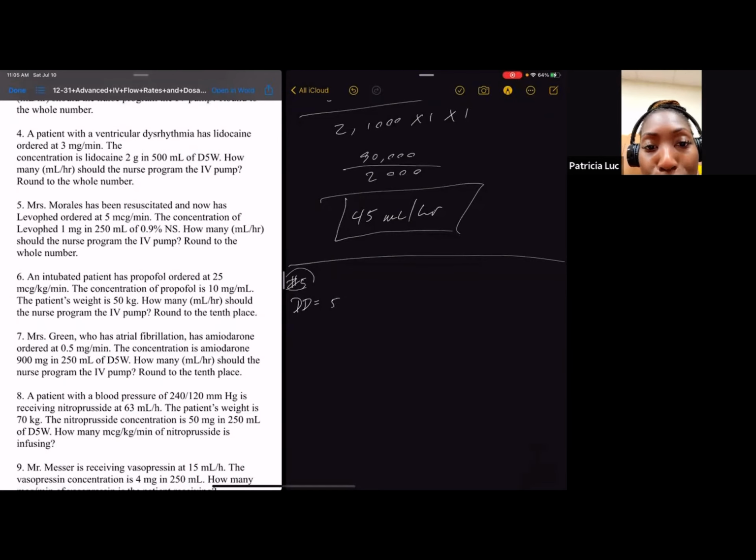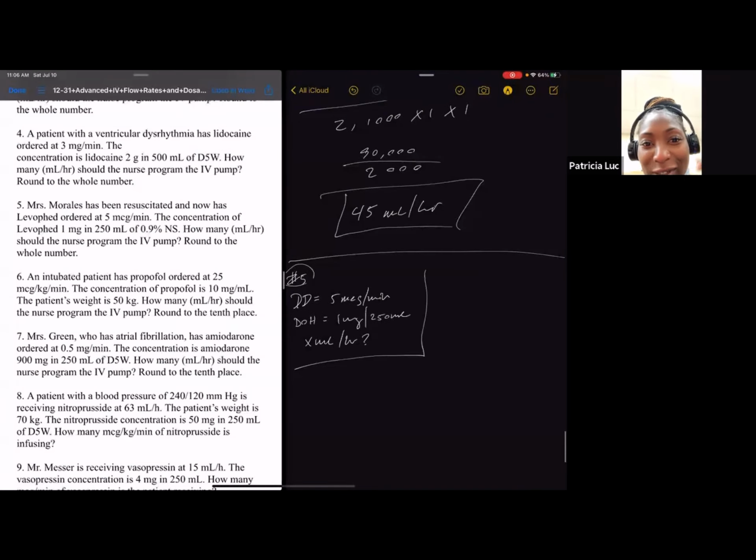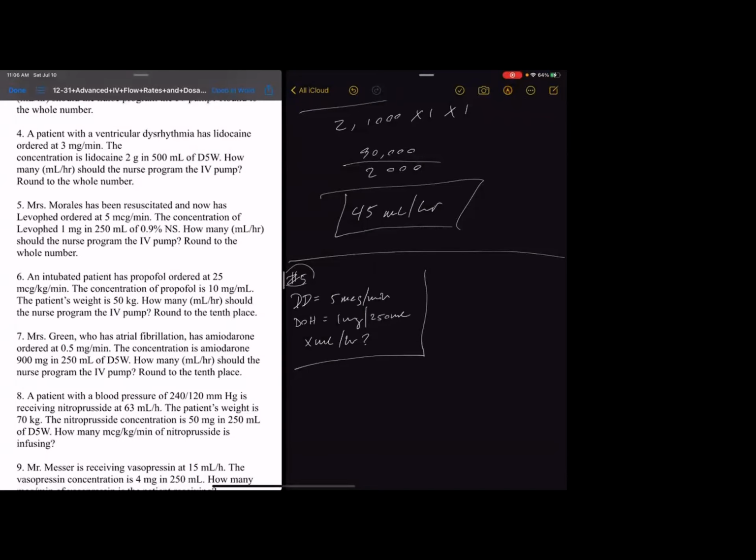So my dose on hand is 1 milligram in 250 ml, right? There's no weight, nothing. So it's X ml over an hour. That's all I need to know in this problem, correct? And then I have to round it to the whole number. So what are we doing?